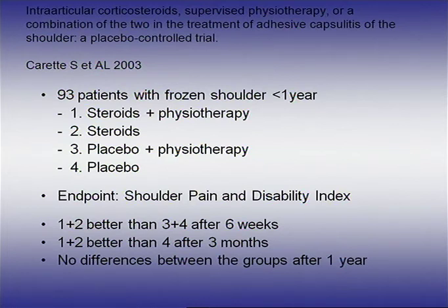After 6 weeks, he found that steroid injection patients had a better result, and after 3 months there still was a difference, with groups 1 and 2 with steroid injections functioning better. But after 1 year, there was no significant difference.